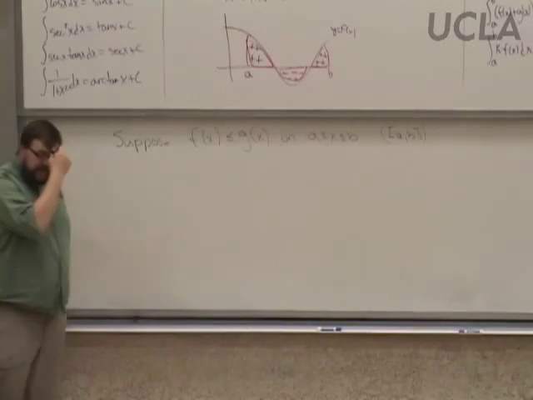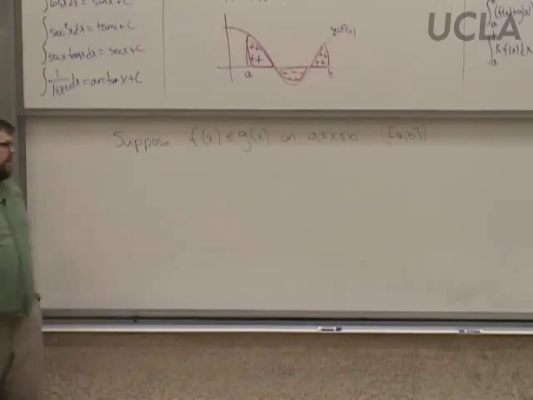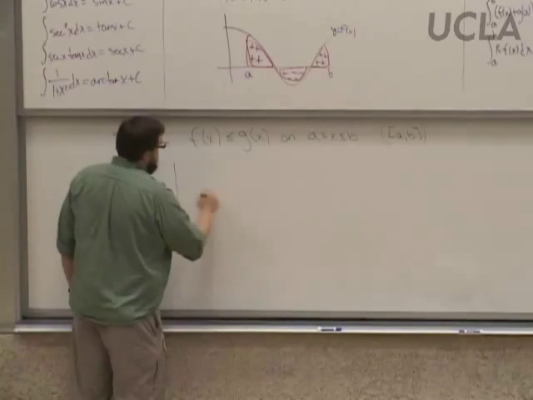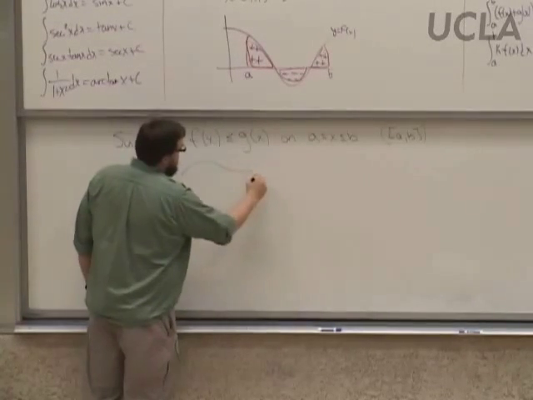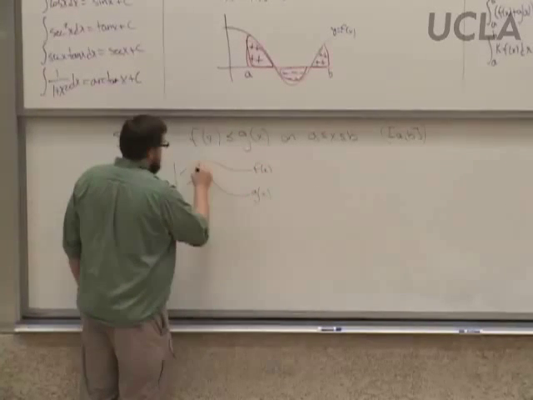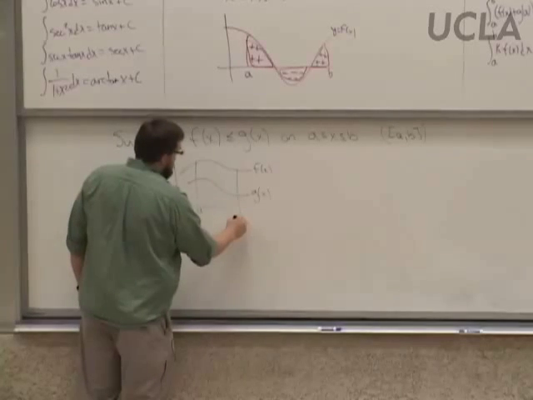So I have two functions, and I always know that f is underneath g. Picture-wise, I have g on top and f on the bottom as I go between a and b.